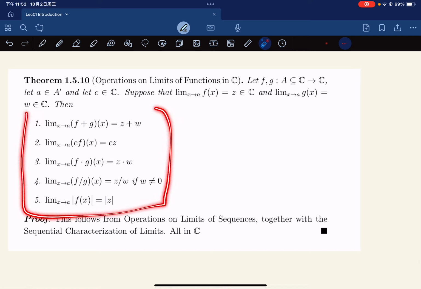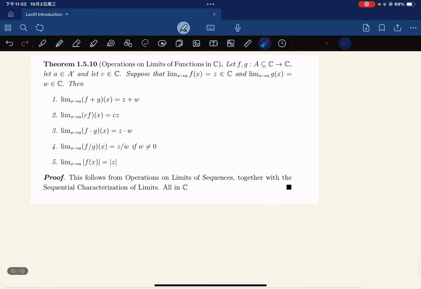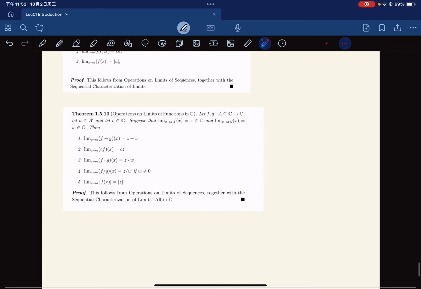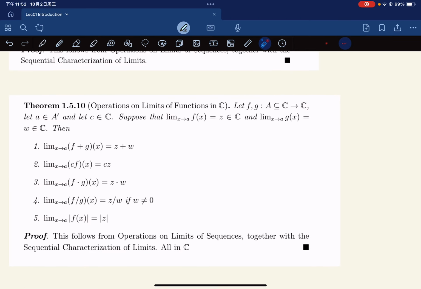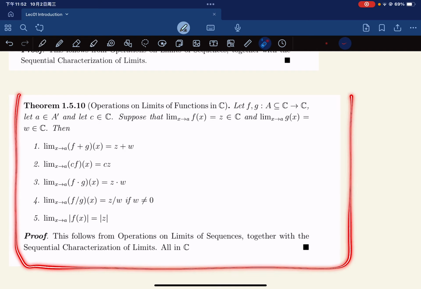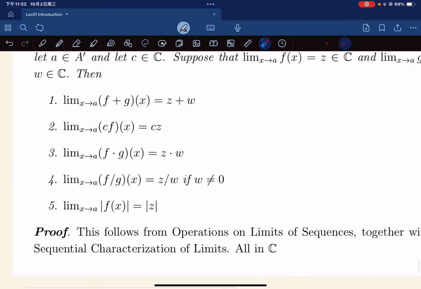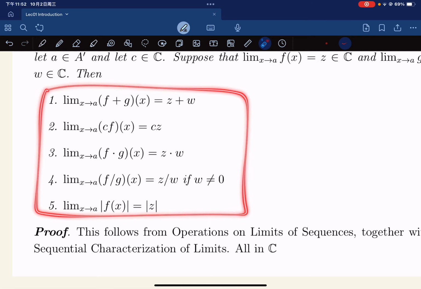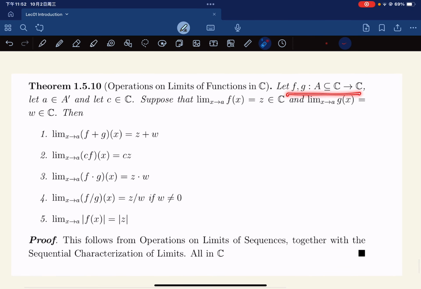All we have here is just operations of limits of sequences and the sequential characterization of limits. And we're all in complex, right? So this is just some preparation or introduction of what we're going to be using in the future, okay? For f and g all functions from complex to complex, okay?